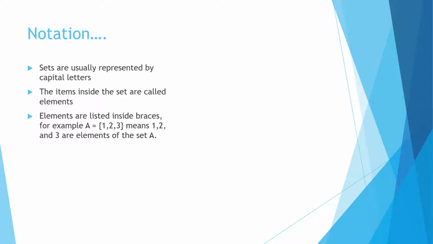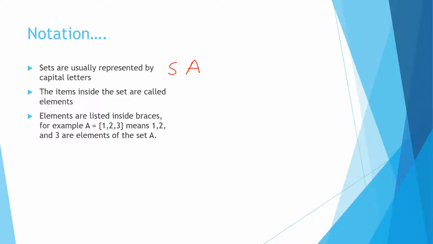All right, so we have to look at notation before we do very much here. So I'm going to turn on my pen here so that I can talk about this. Sets are usually represented by capital letters. So in this case, you might see things like S or capital A, etc. Like down here, I have capital A, okay?